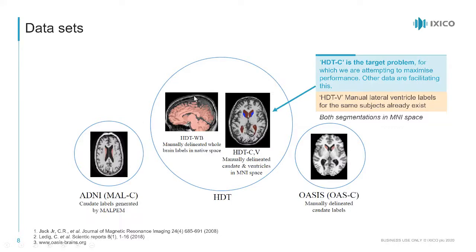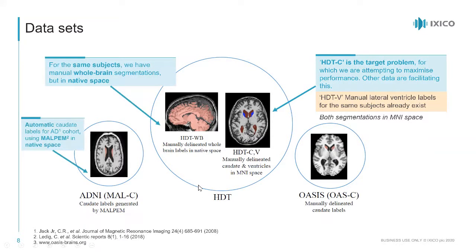Again, for the same subjects enrolled in the trial, but now in native space, we have whole brain masks manually segmented. Then on the left-hand side here, we have a different disease population. So these are Alzheimer's patients in the ADNI cohort.